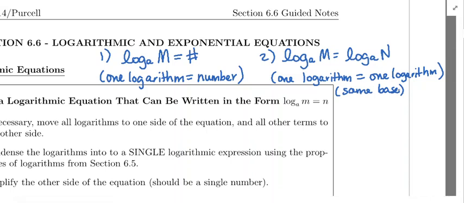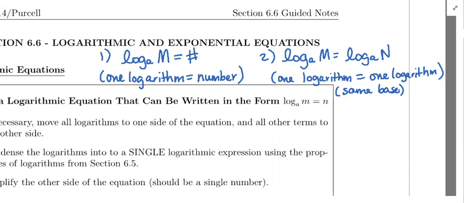Again, the first type is you will get an equation that you can write, if it isn't already, in the form one logarithm is equal to a number. The other situation is where you're going to be able to take your equation and make it look like one logarithm is equal to one logarithm, and both of those logarithms on either side of the equal sign have the same base.